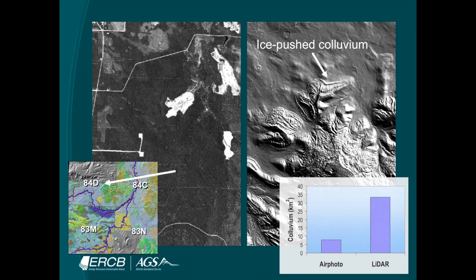So if that interpretation is correct, then these landslides would be 10,000 years old and have been stable since that time. We also find that we're mapping a much greater area affected by slope instability than when we just use the air photos alone.